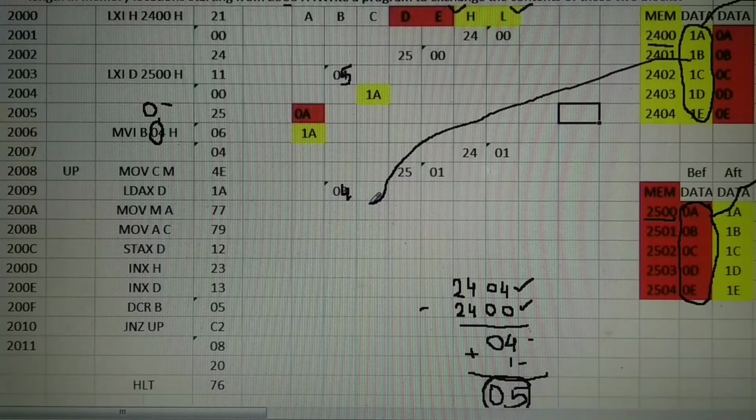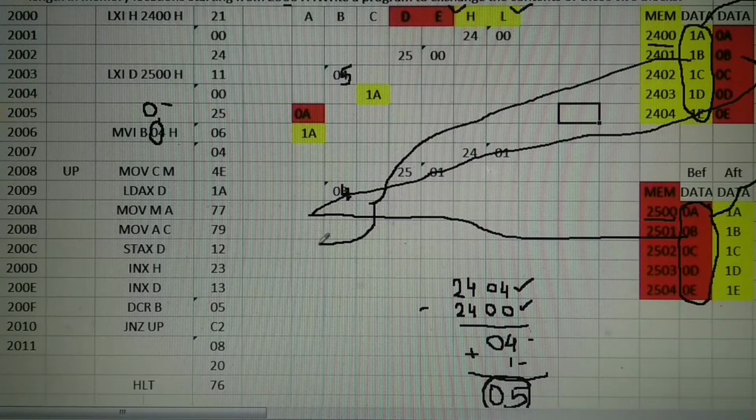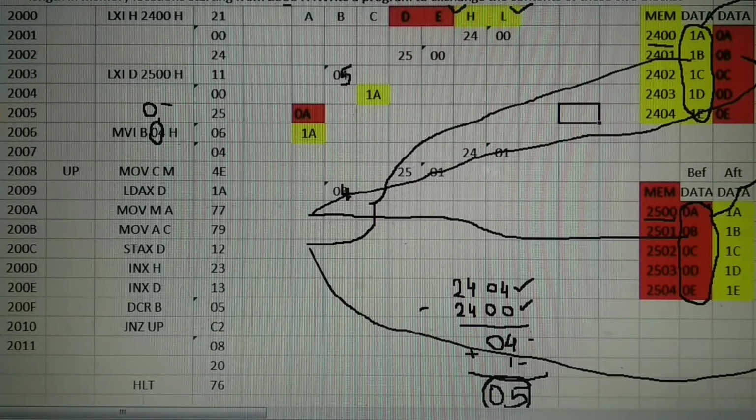Then LDAX D, load accumulator from DE, that means this number 0B will go to the accumulator. From the accumulator the number is transferred to the memory. From register C the number is transferred to the accumulator, and from the accumulator to the memory given by DE. And then the counter is decremented.